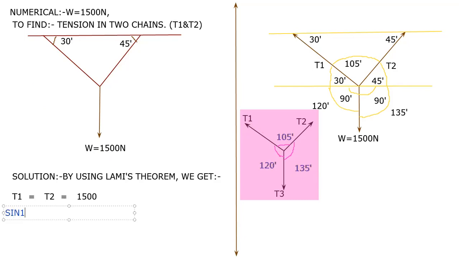Sine of 135 degree. T2 divided by sine of 120 degree, and T3, that is 1500 divided by sine of 105 degree.